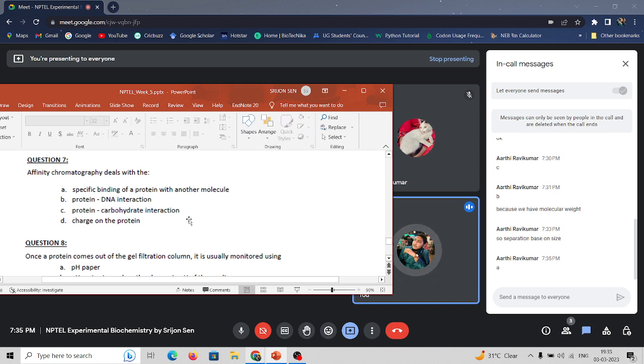So A is the right option, that is specific binding of the protein with another molecule.